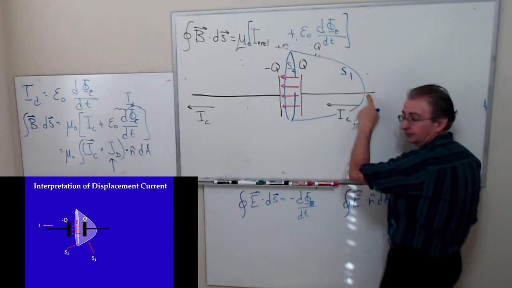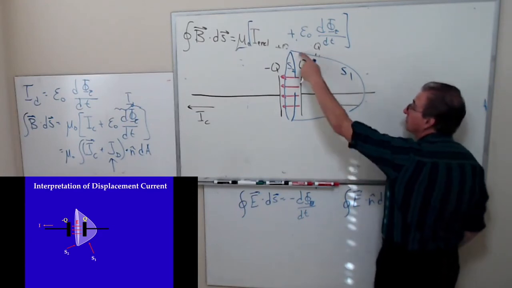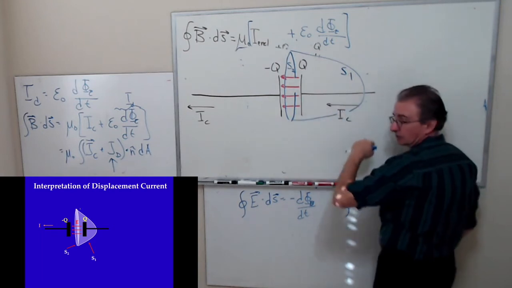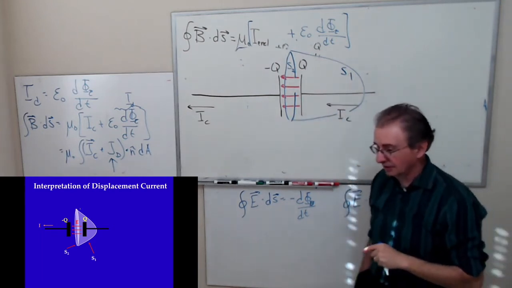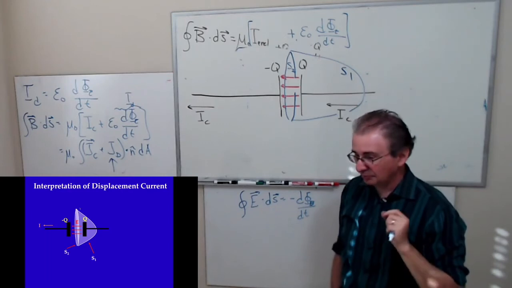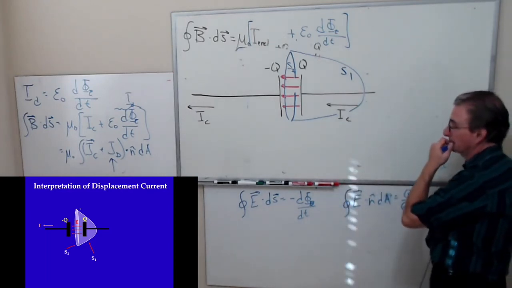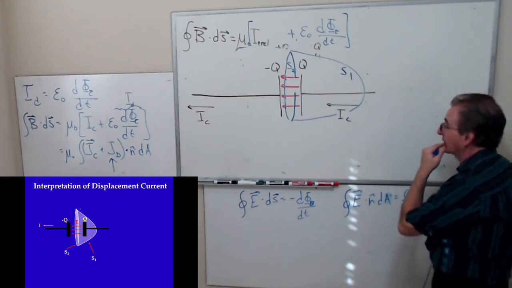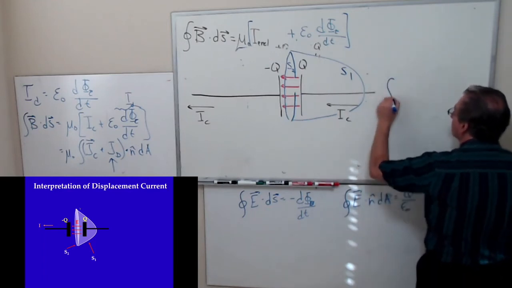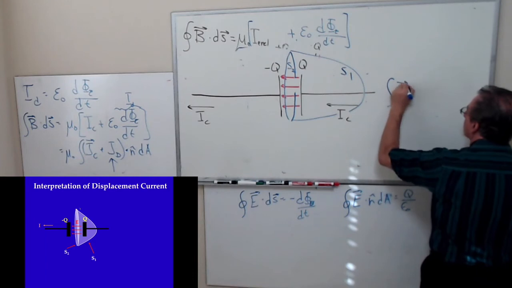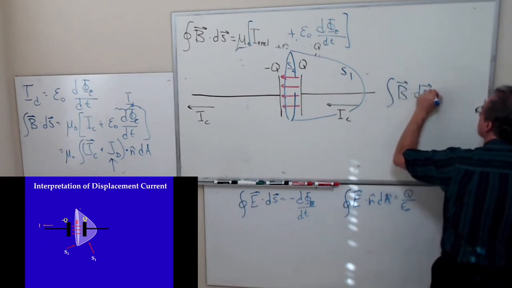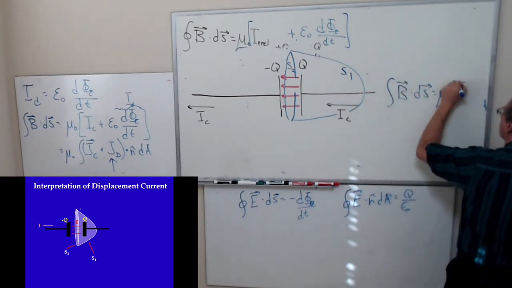I'm just considering the blue surface. Okay, I'm punching through that surface. So then I say, okay, well, the integral of B dot ds is mu naught I enclosed.